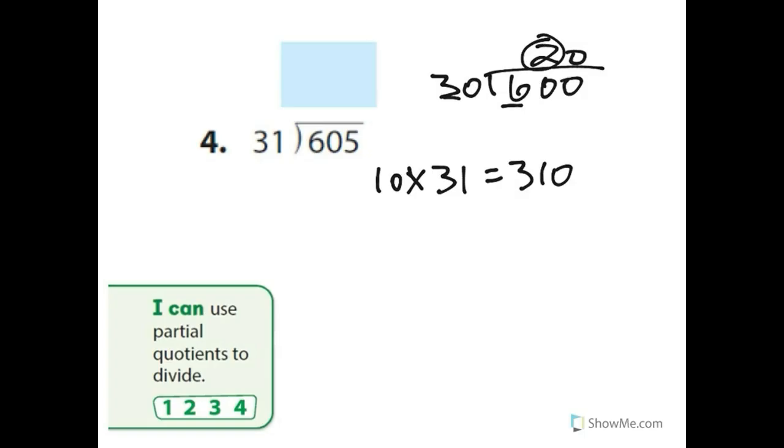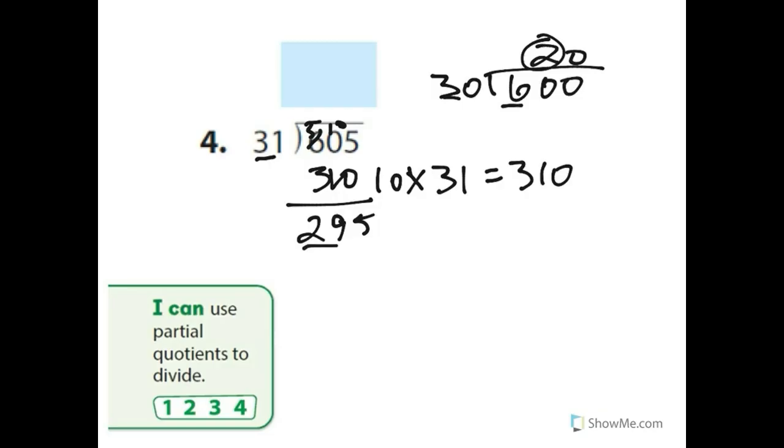Alright, so we got 310. That's 5. 10 minus 1 is 9. Oh, need a bar there. And 5 minus 3 is 2. 295. So, look. 31, 29, they're really close to each other.